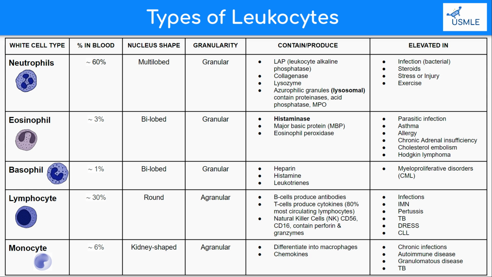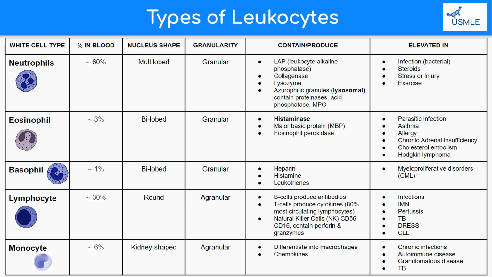Agranulocytes include lymphocytes and monocytes. Beginning with neutrophils, they make up approximately 60% of the white blood cells in the bloodstream. They have a multi-lobed nucleus and contain leukocyte alkaline phosphatase, collagenase, lysozyme, and lysosomal acidophilic granules. They are elevated in infection, steroids, stress, and exercise, which causes the demargination of these cells.